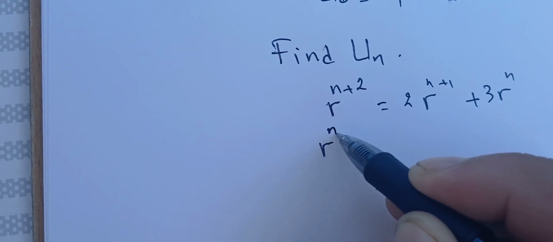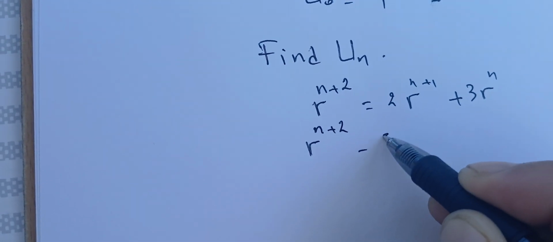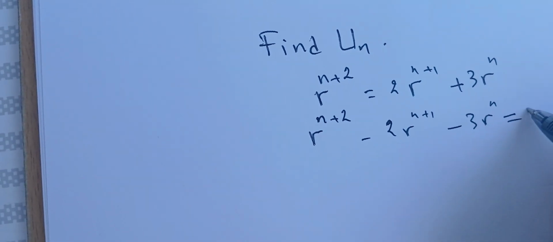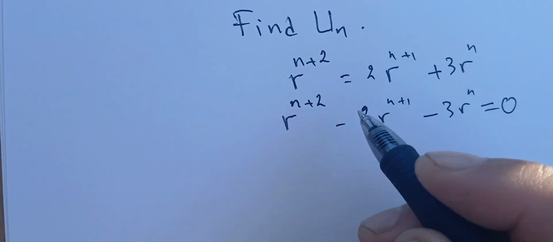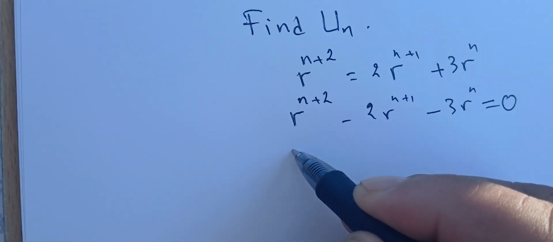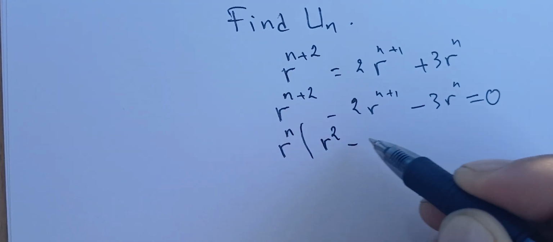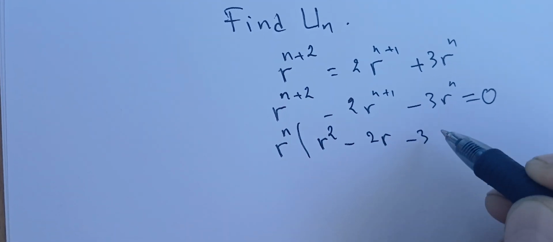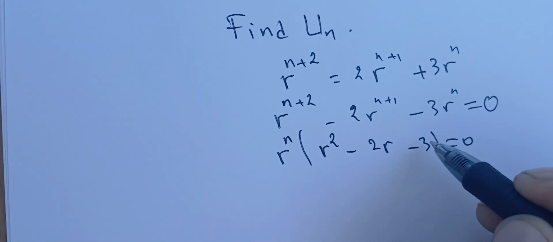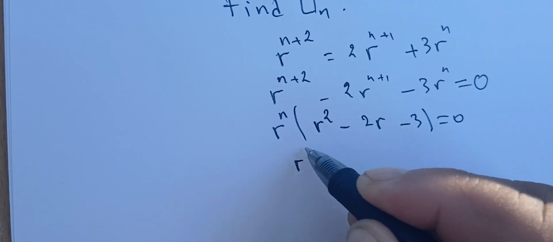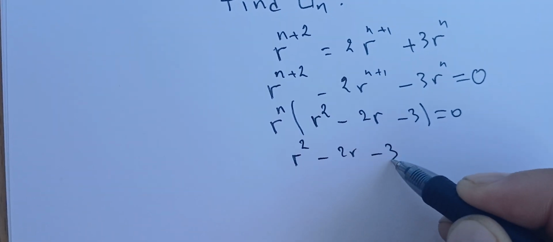Here, minus 2r^{n+1} minus 3r^n is 0. We assume that r is not 0. Now we can factor out r^n, and we have r squared minus 2r minus 3 is 0. Since r is not 0, we can solve r squared minus 2r minus 3 is 0.